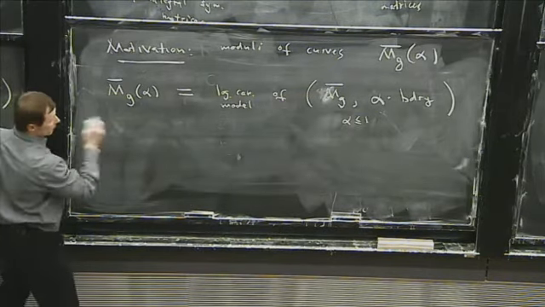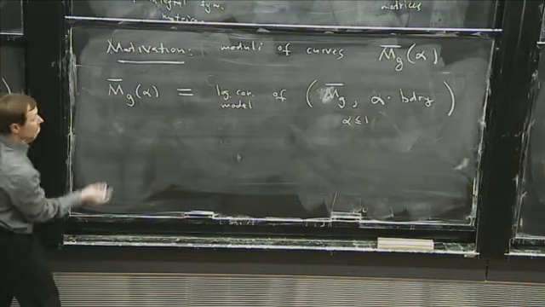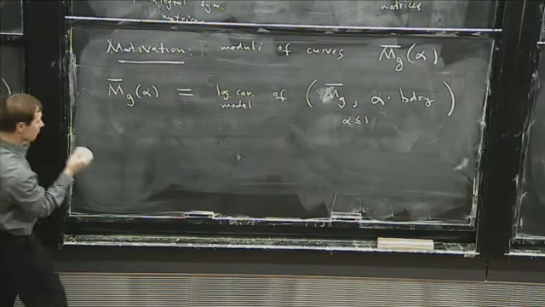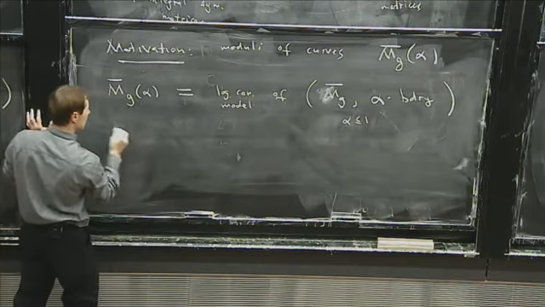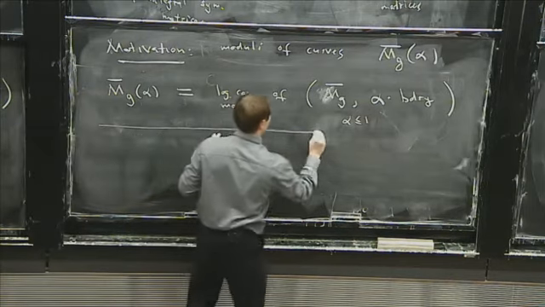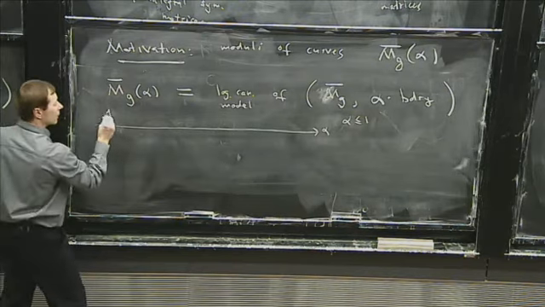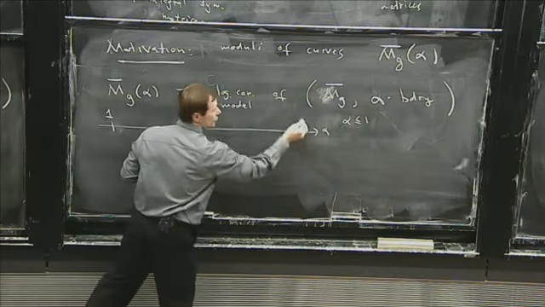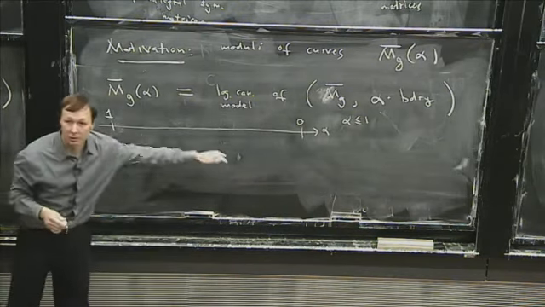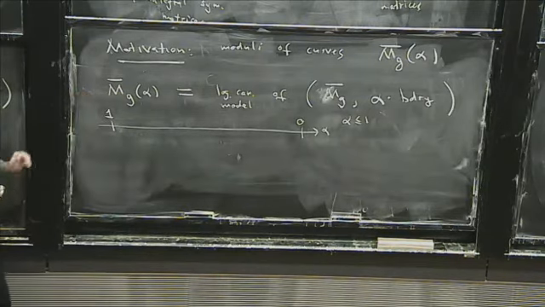And briefly, the geography of these moduli spaces is as follows. So this is the line for alpha, and I'll start at 1, and I will go down somewhere to 0, or I'll move in the direction of 0.